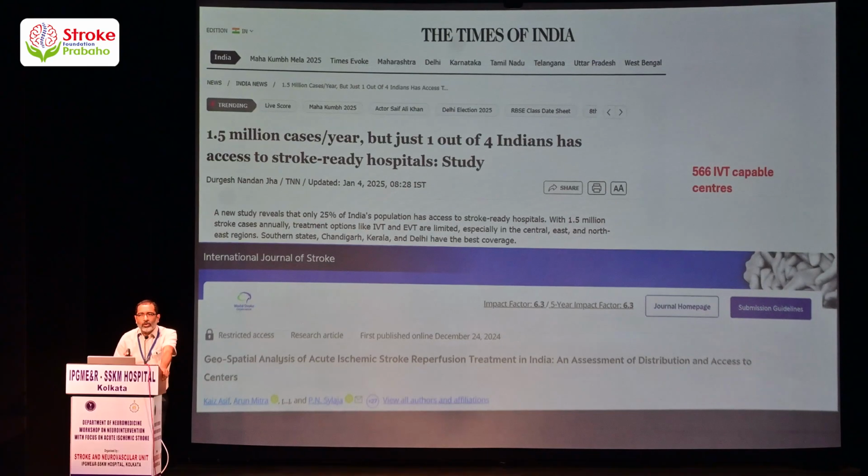These hospitals are called stroke-ready hospitals. In our state, at government level, we have 41 stroke-ready hospitals.